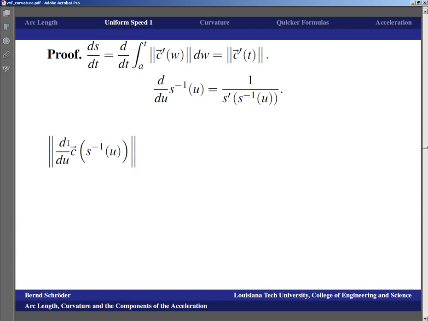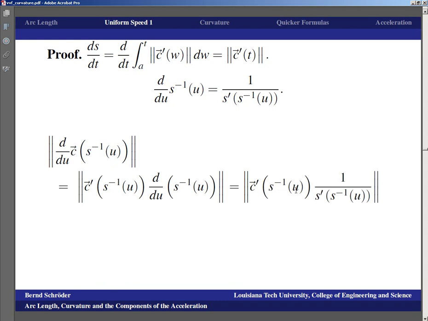And that's what we're going to use to work out the derivative with respect to u of this reparametrization with respect to the arc length, c of s inverse of u. Well, you work out the derivative of c of s inverse of u with the chain rule, of course. So this is c prime of s inverse of u times the derivative of s inverse of u. But we know what that is, right? So this is c prime of s inverse of u times 1 over s prime of s inverse of u.